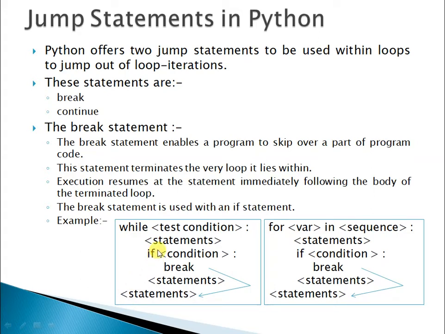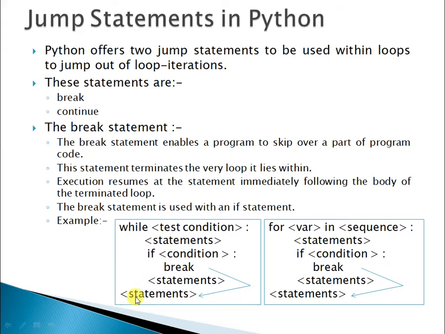Who will be the part of the while body? The statements that are indented after while, having the same indentation level, will be the body of the loop. The statements at the end are not part of the loop. So when you encounter break, you will just come out of this entire loop and come to these statements.